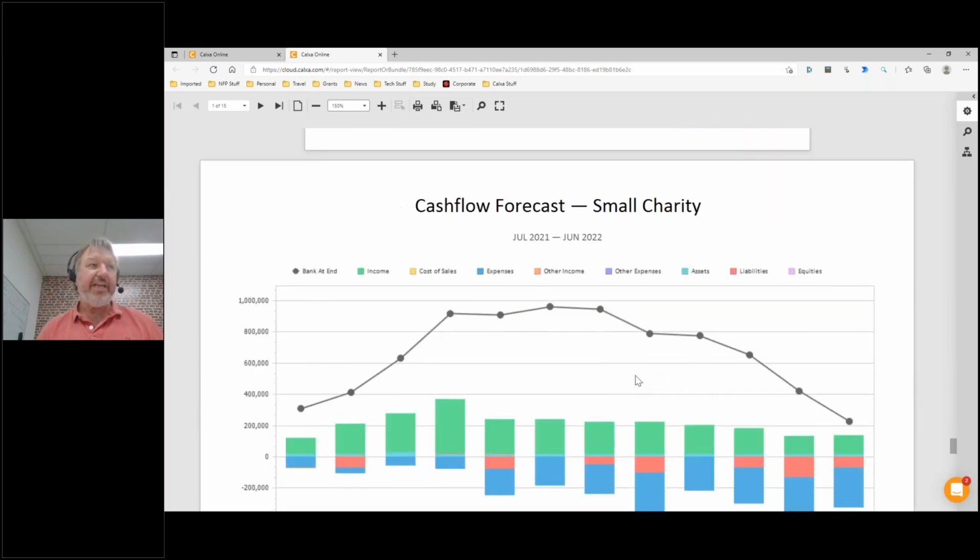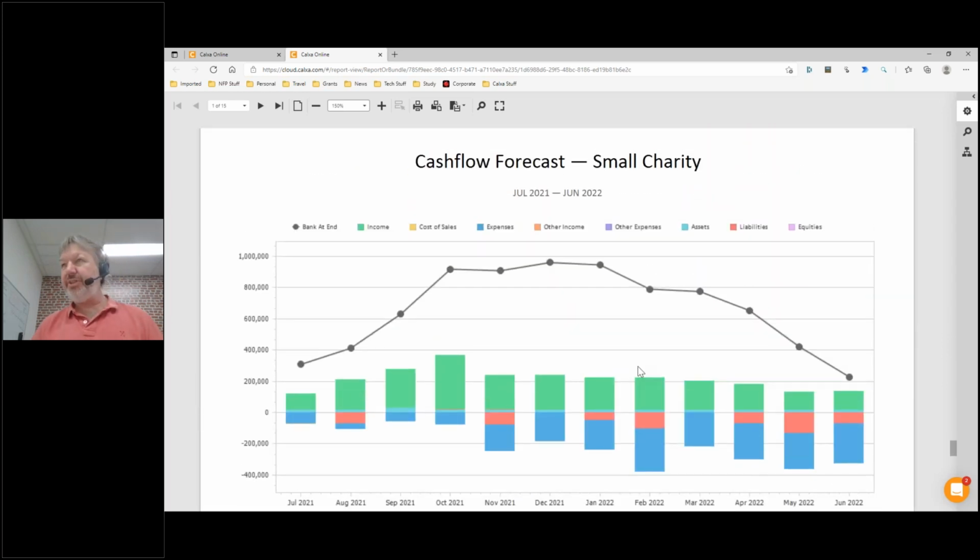And then, as I said, looking forward, you want that cash flow forecast. You want to make sure that the organization's going to be solvent. And in this case, I've done it as a chart so that you're presenting this information and saying to the board, this is what we expect our bank balance to be month by month for the next 12 months.